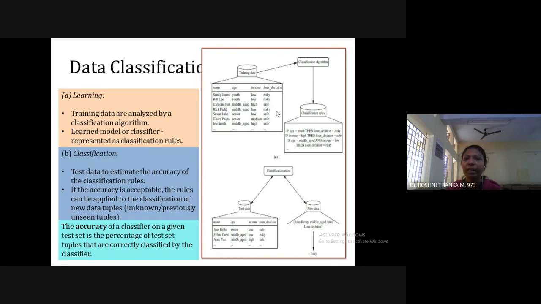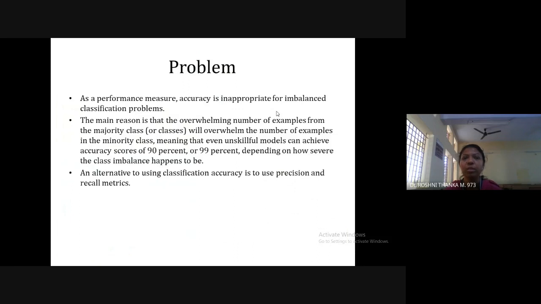But if it is 10/90 or 80/20, then that data set could not make a better model. It may lead to a wrong decision or wrong output, because even though you use accuracy as a performance metric, and even though it is giving you 90% or 95% accuracy, it still will not perform well, since the data set is imbalanced.